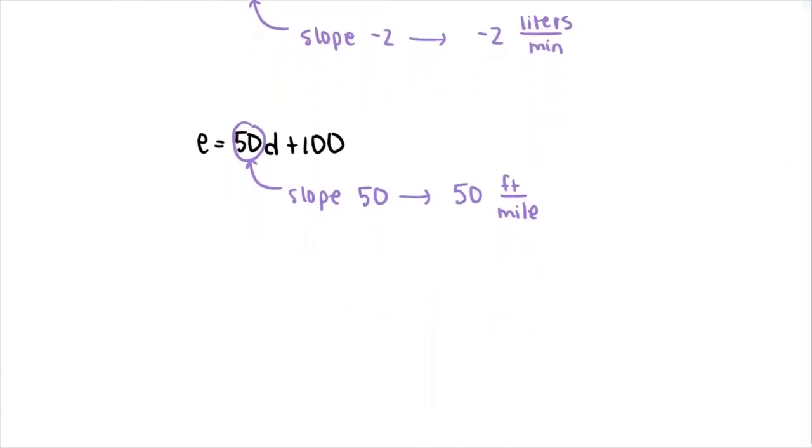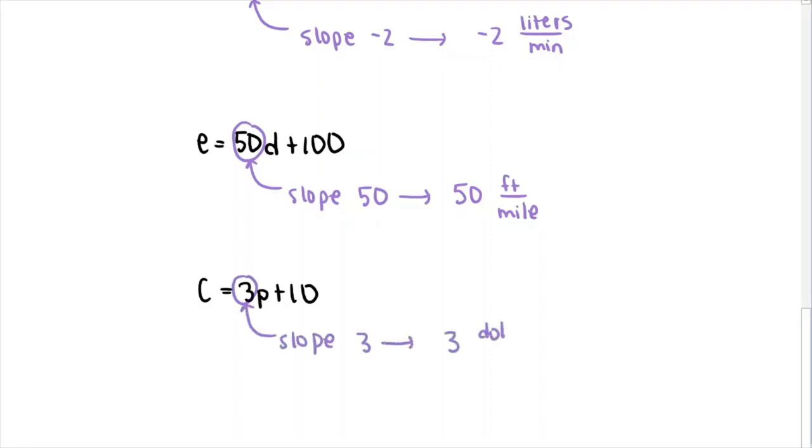And then similarly, in our equation, c is equal to 3 times p plus 10, this slope of 3 is telling us that there's a $3 increase for every single pound. Every extra pound we're shipping, every single additional pound, there's an increase of $3 in the cost.